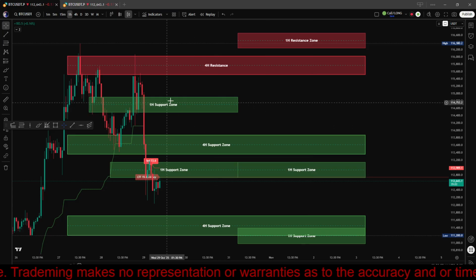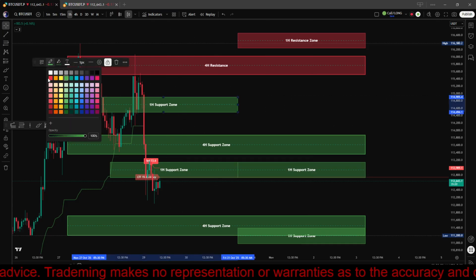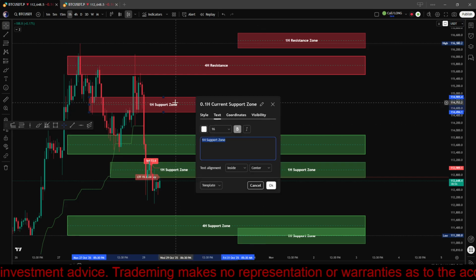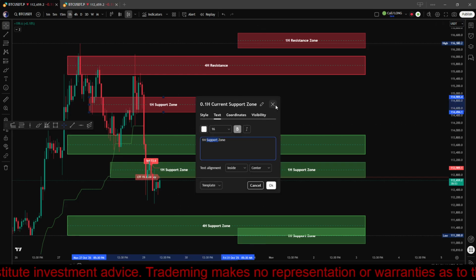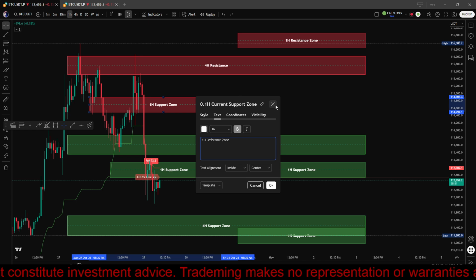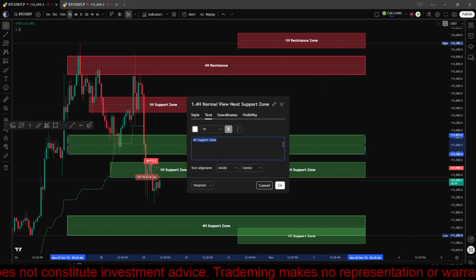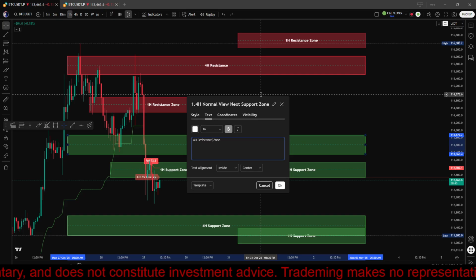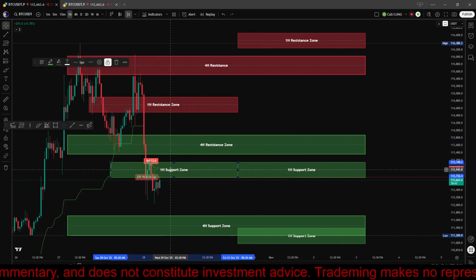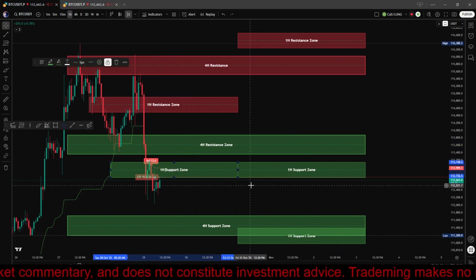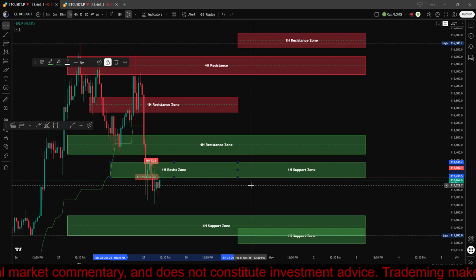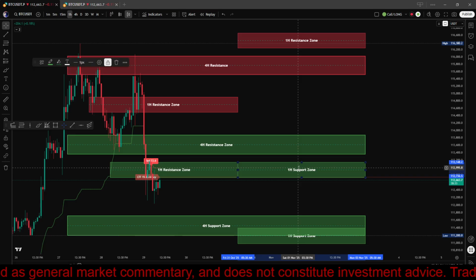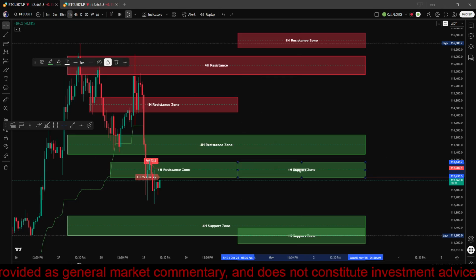So now what it will become is, this one is going to become resistance, 1-hour support to 1-hour resistance zone. This will become a 4-hour resistance zone, and this one also a resistance zone. So this is the same, I've just extended it a little bit to this.